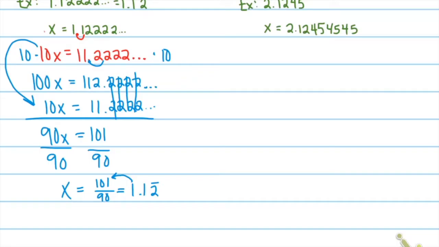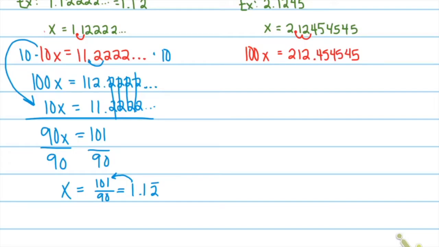Well, if I look at this, I have 2 digits repeating, so ultimately I want to move my decimal 2 places. In order to move the decimal 2 places, I've got to multiply by 100. If I multiply by 100, I'm able to get the non-repeating portion of my decimal out from behind the decimal, and now I just have the repeating portion behind my decimal, which is what I want.